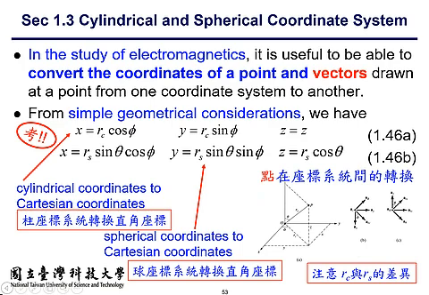So in this slide, we have equation 1.46a and 1.46b. What is the usage of the two sets of equations? The first set is actually the conversion equations for points from the cylindrical coordinate system to the Cartesian coordinate system.